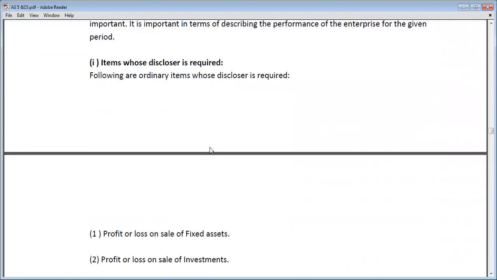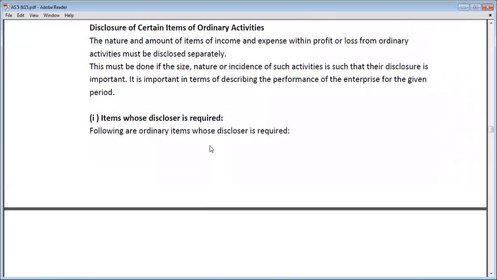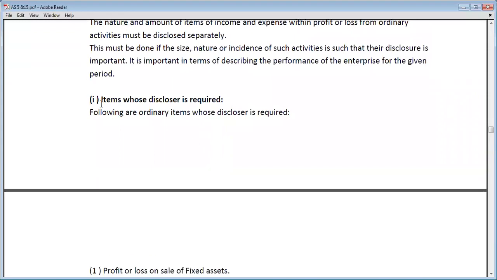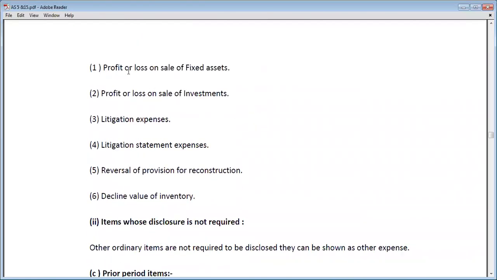So let's see कौन से ऐसे items होंगे जिनका disclosure required होता है और जिनका नहीं होता है as per the accounting standard. So let's see items whose disclosure is required. The following are ordinary items whose disclosure is required. First is profit or loss on sale of fixed assets. Profit or loss on sale of investment. Litigation settlement expenses.